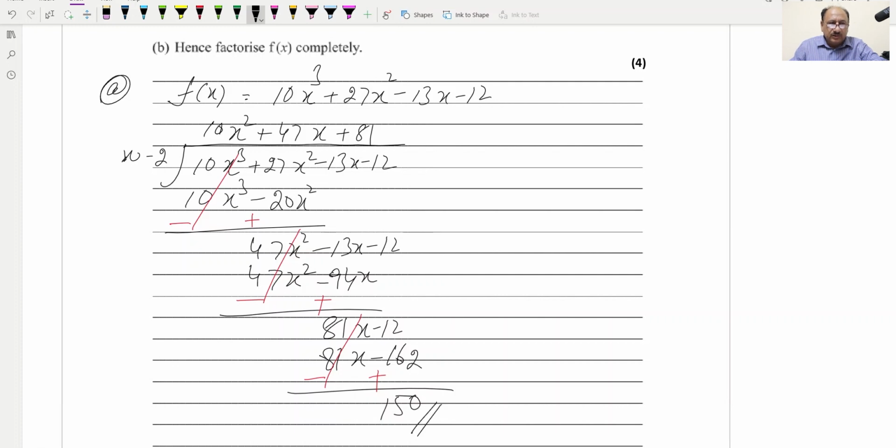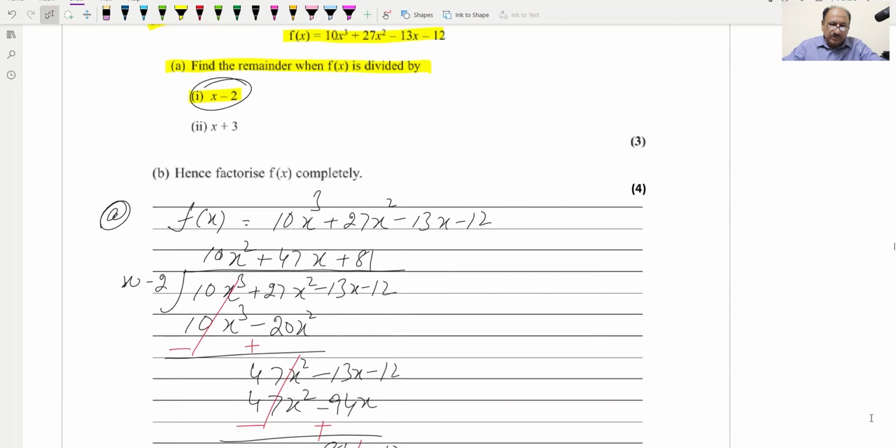So this is basically one method to divide. The second method is easier, which is by remainder theorem.